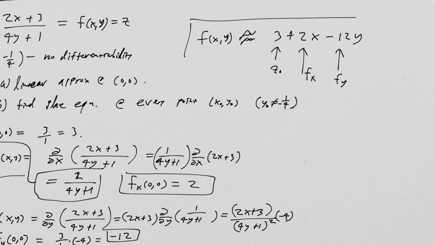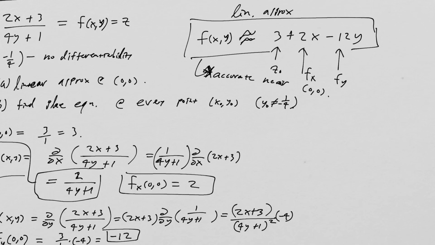Okay, so there's my linear approximation. The linear approximation, of course, is only going to be accurate near the origin. This works the same way as for a function of only one variable. The idea is that if you're nearby the origin, a linear approximation should be pretty good.